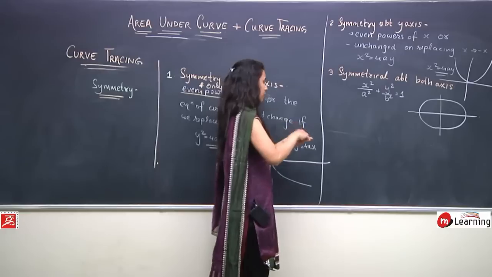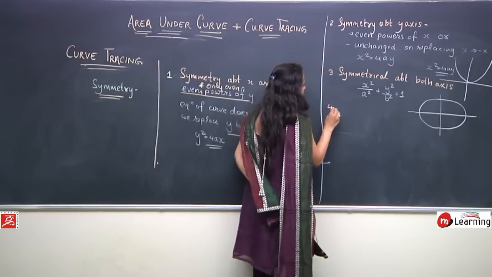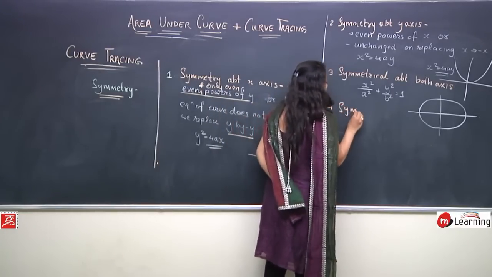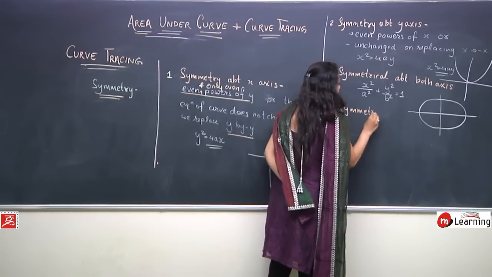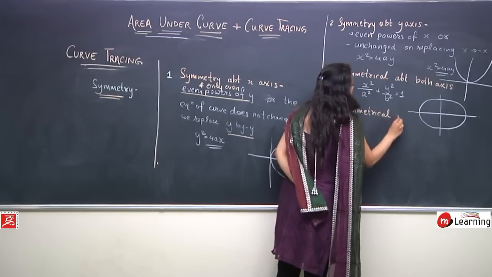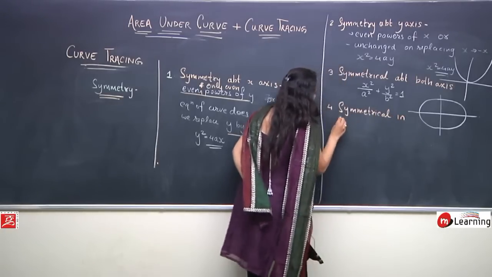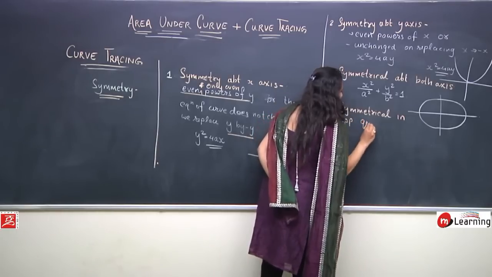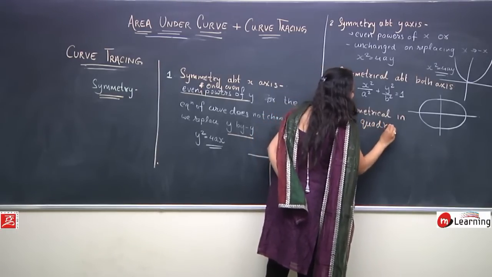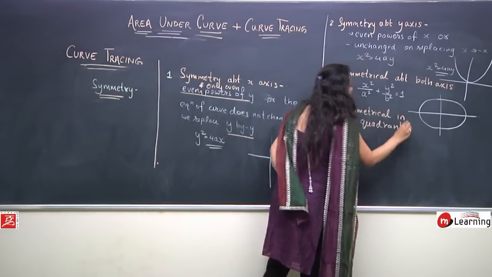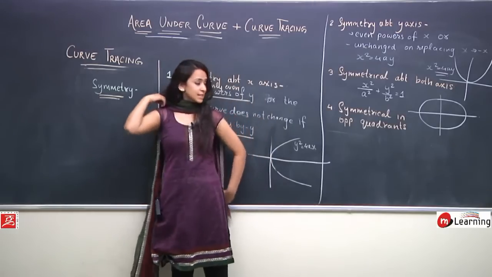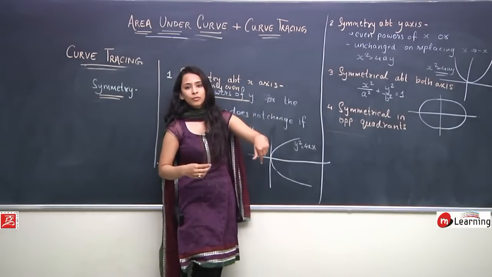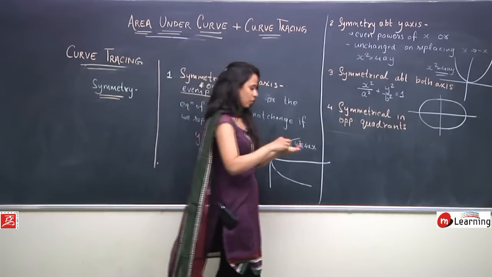The other type of symmetry we can check is a curve can be symmetrical in opposite quadrants. So how do we define opposite quadrants? I will say first and third quadrant would be opposite and second and fourth quadrant would be opposite.